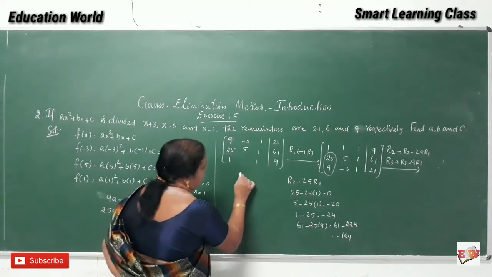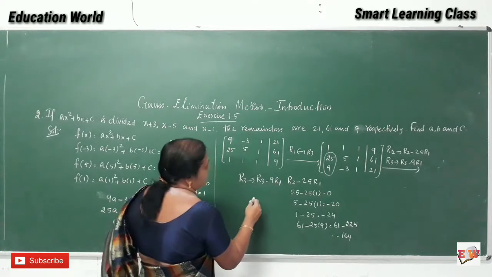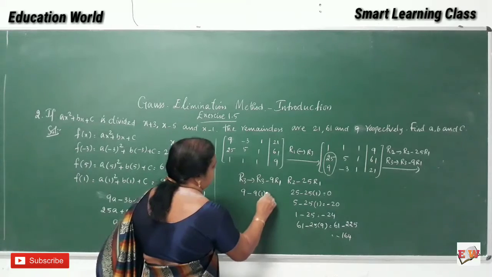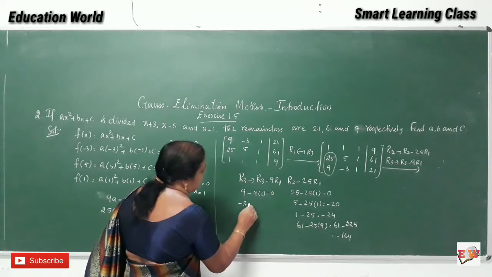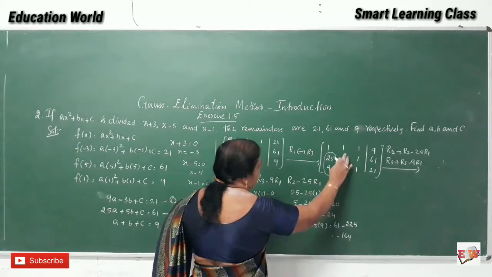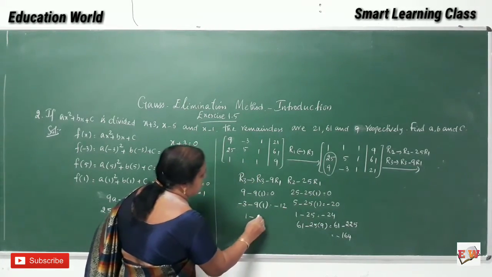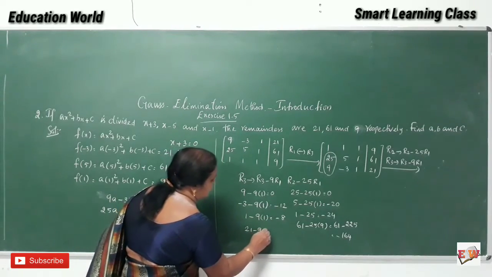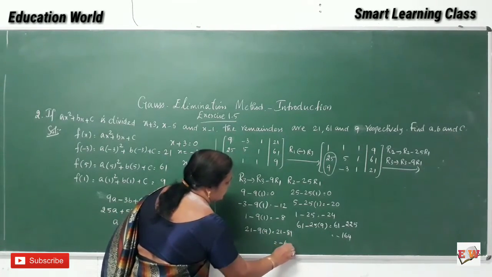Next one, R3 minus 9R1. What is that? R3, 9 minus 9 into 1 equal to 0. Second column, minus 3 minus 9 into 1, so minus 12. 1 minus 9 into 1 is minus 8. 21 minus 9 into 9, 21 minus 81, so minus 60.